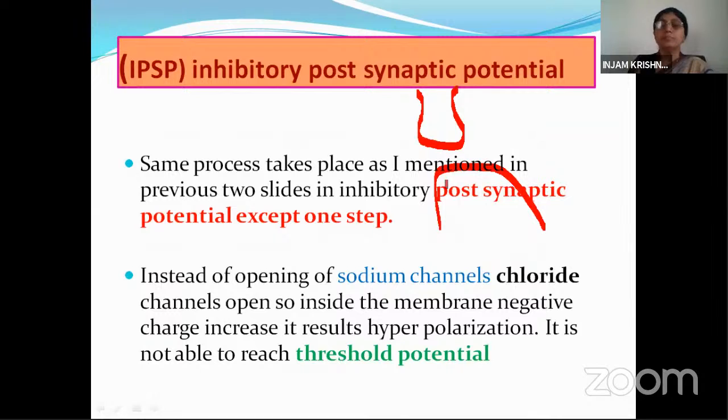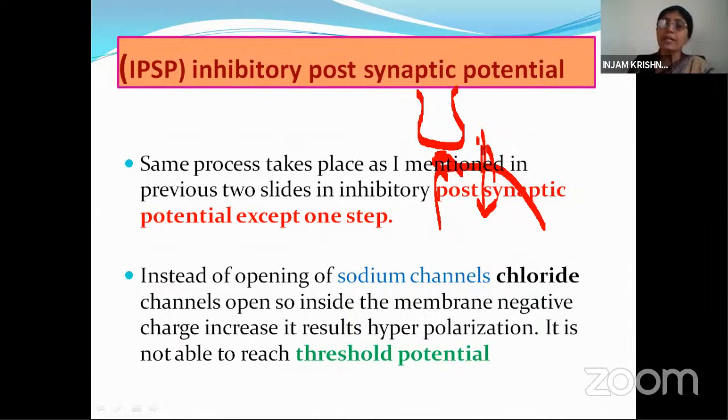Here, what will happen when the neurotransmitter reaches the ligand? Normally the sodium ion voltage-gated channels have to open and an influx of sodium ions occurs.